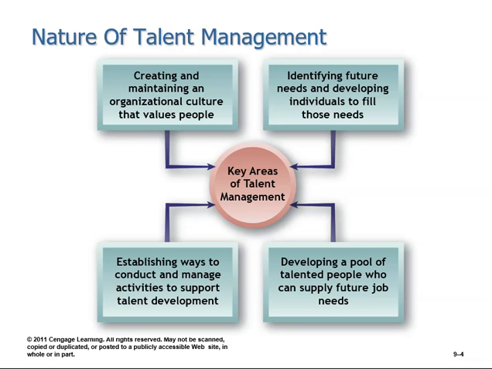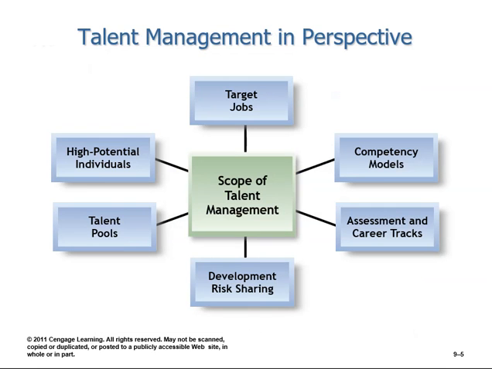They should be proactive, go out, find those individuals, look at people within the company, train them, and get them ready to be the next generation of managers. Three, developing a pool of talented people who can supply future job needs. And four, establishing ways to conduct and manage activities to support talent development. These are the four key areas to successful talent management.